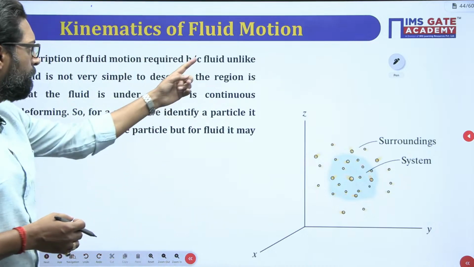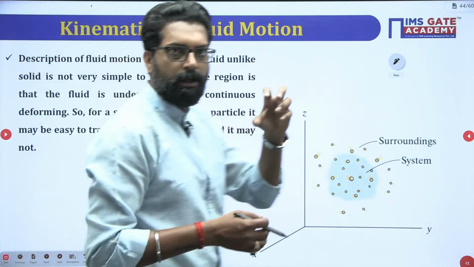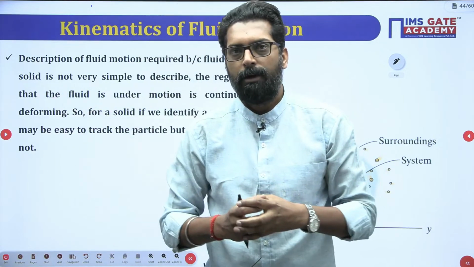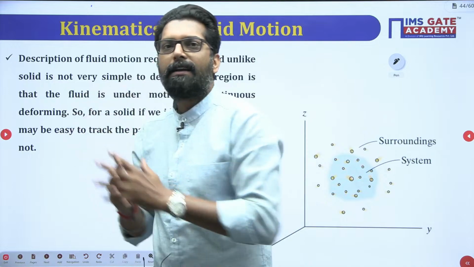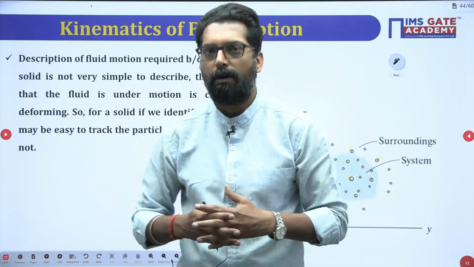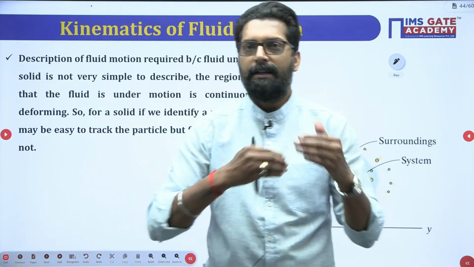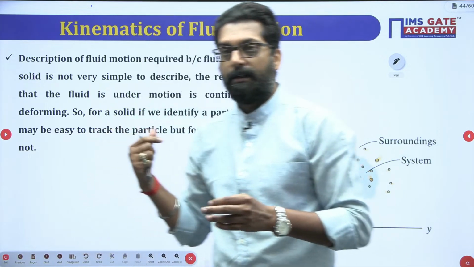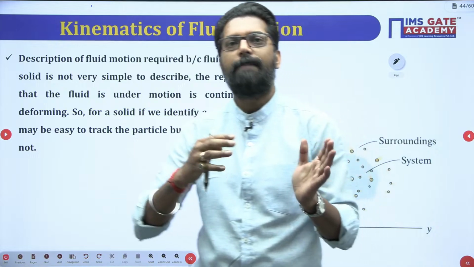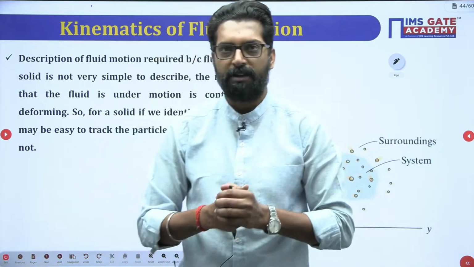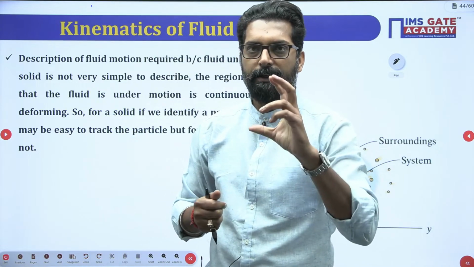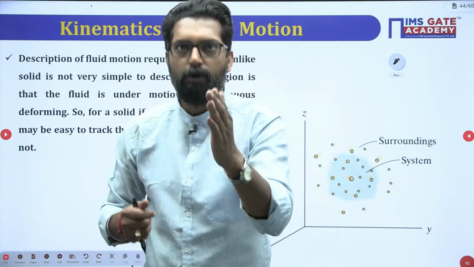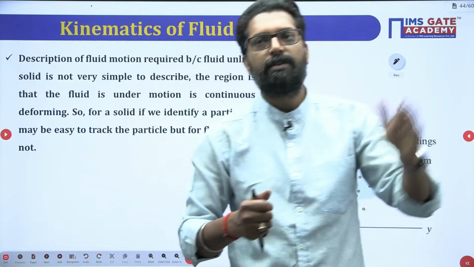Why? Because if the fluid is moving and the solid is moving, there is a demarcation between the movement of the fluid and the solid. A solid has a definite deformation, but a fluid has a continuous deformation. That means it is not a definite, absolute deformation; it is a continuous deformation.